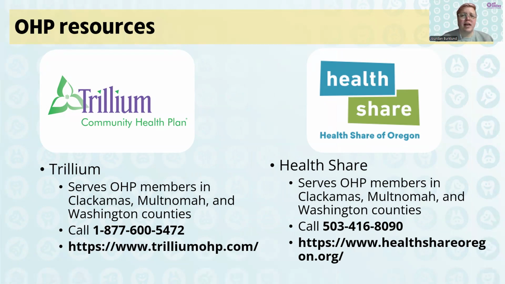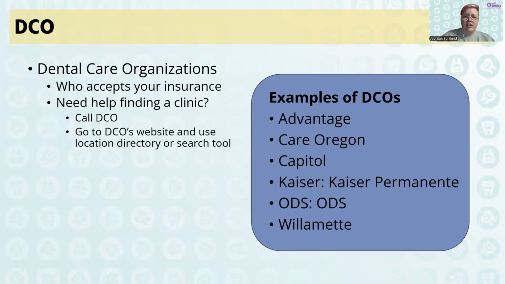Okay. And this is stuff that I'm kind of learning too. Insurance is not my forte. It's very complicated. But from what I understand, OHP has two plans, Trillium or Health Share. And so I have contact information for both of those if you need them to provide to the families. And then underneath those are dental care organizations such as Advantage, Care Oregon, Kaiser, Willamette.